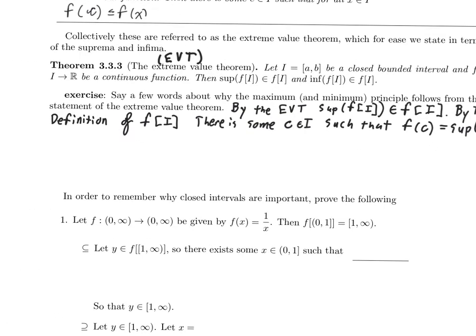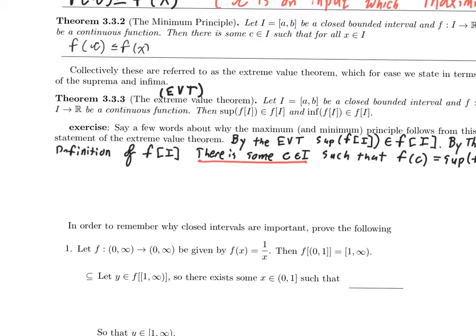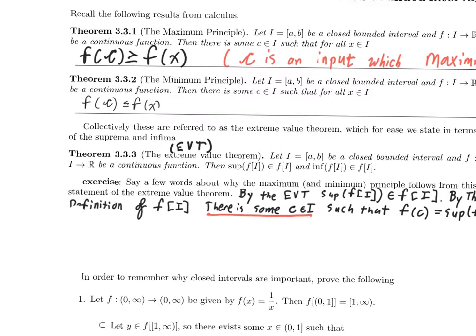But let's use the definition of the supremum. So if you like, let's just try to stay motivated. This produces some c in I. Let's read what the maximum principle says.